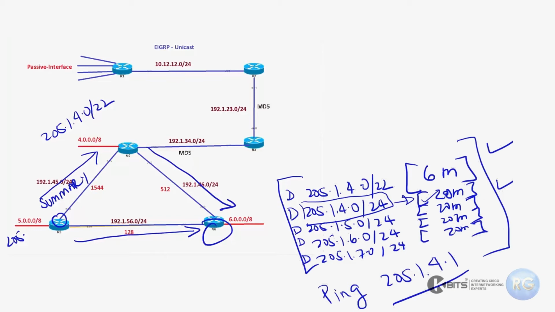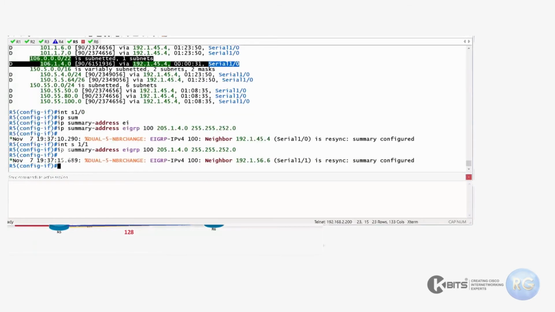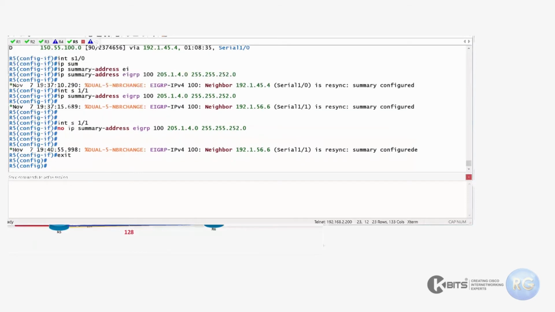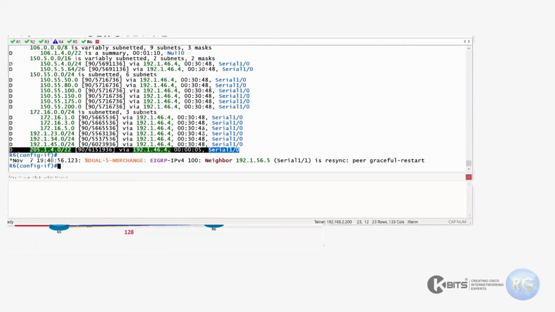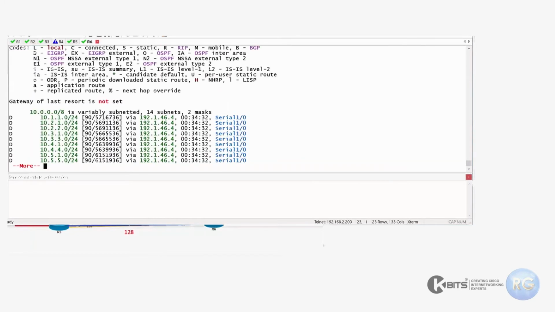Let's do that, just so that you guys can see this. What I'll do is I'll take the summary off on one of the interfaces. I'm going to take it off of the S1 interface. So S1, the slower link, the 20 mil link, is not summarizing. So if I do show ip route eigrp, take a look at the 205 routes.